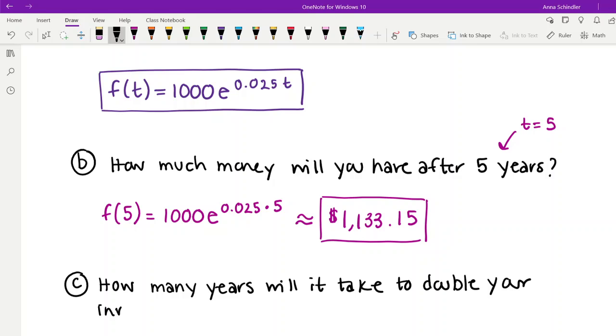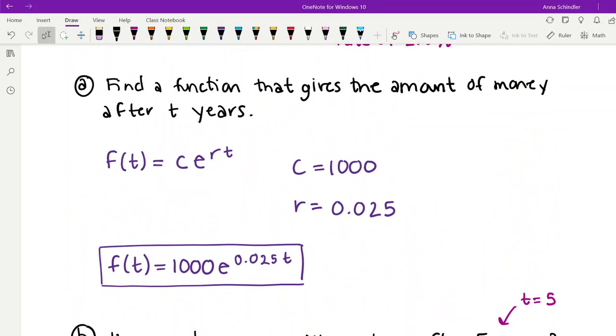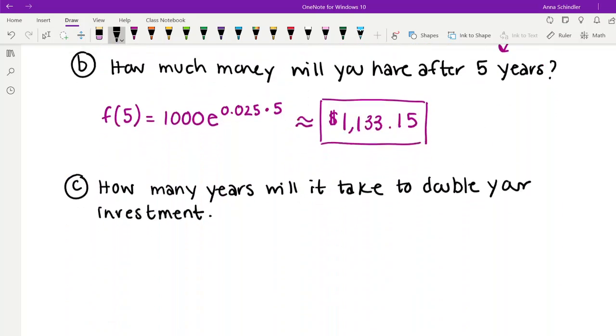So we're trying to figure out how long it will take for our amount of money to become not $1,000, but $2,000. So we start with 1,000. We're trying to figure out how long it takes to get to 2,000. And so what that means is that we want to plug in 2,000 for our output, right? So we're going to take 2,000 and set it equal to the right-hand side and then solve for t. And that will tell us how many years have passed.